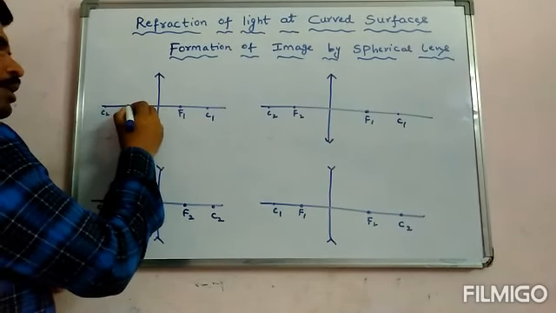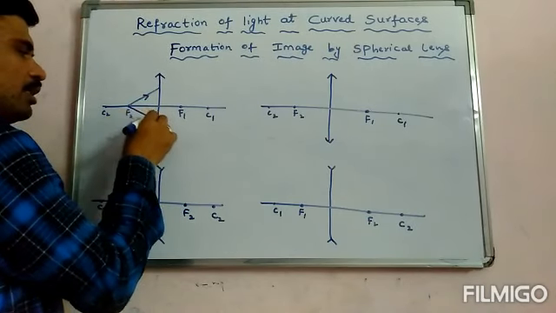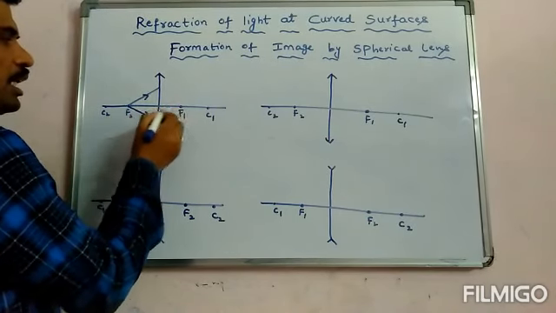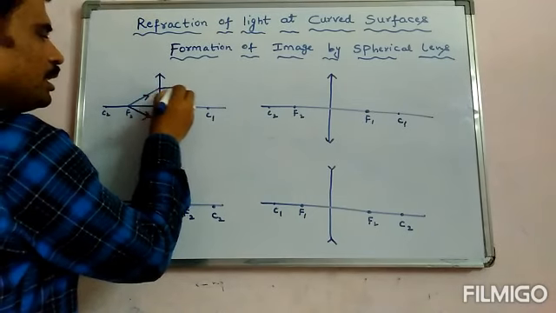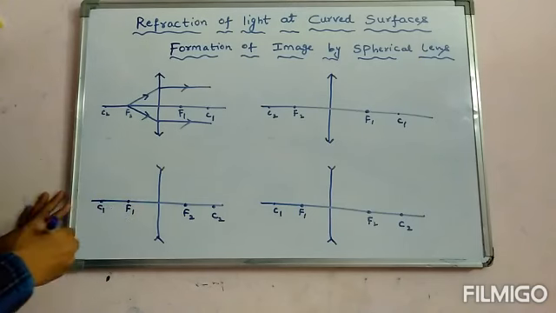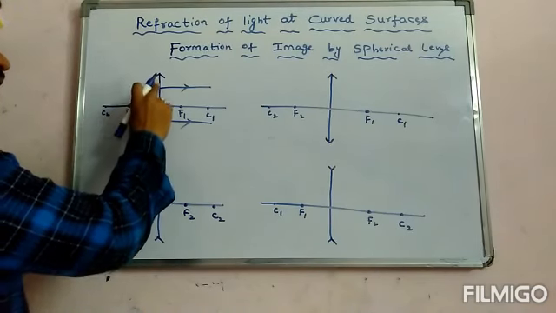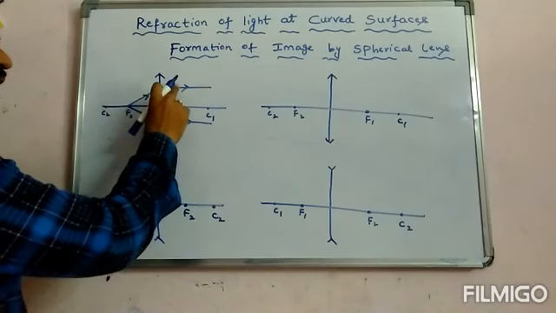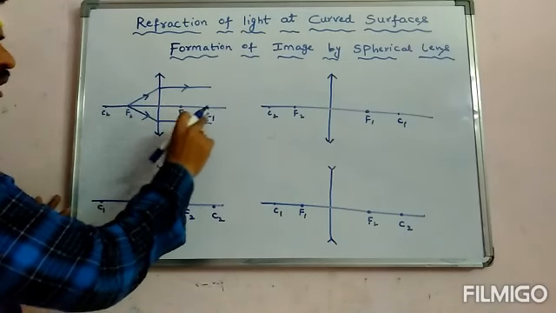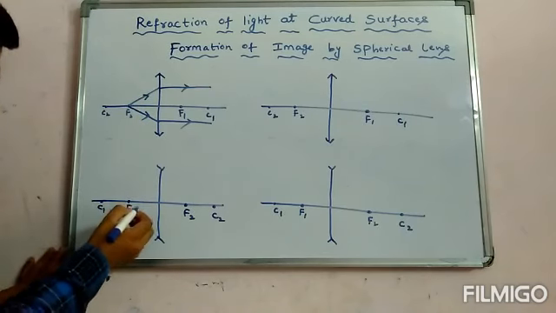If any ray passing through focus and incident on the convex lens, then after refraction they will become parallel to principal axis.